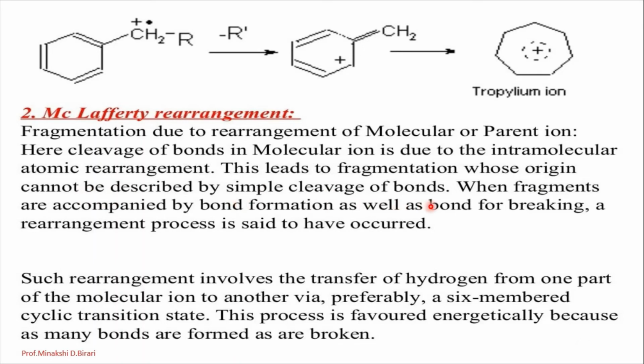When fragments are accompanied by bond formation as well as bond breaking, a rearrangement process is said to have occurred. Such a rearrangement involves the transfer of a hydrogen from one part of the molecular ion to another, preferably via formation of a 6-membered cyclic transition state, and this process is favored energetically because as many bonds are formed as are broken.